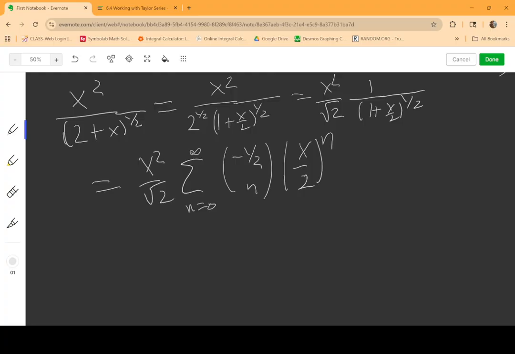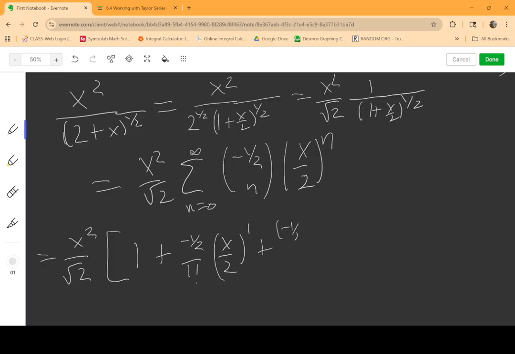Just to get an idea of what this looks like, we have x squared over root 2, then the n equals 0 term, which is always 1, and then plus negative 1/2 over 1 factorial, x over 2 to the first power.